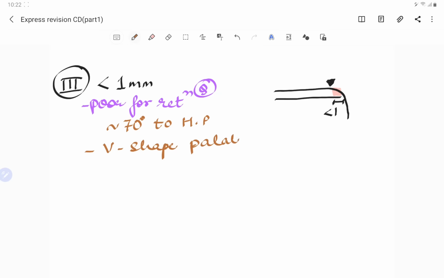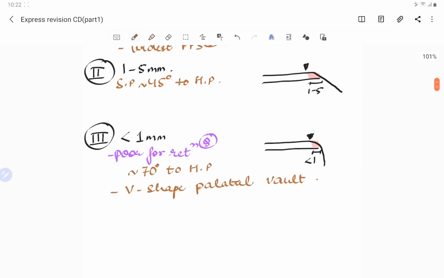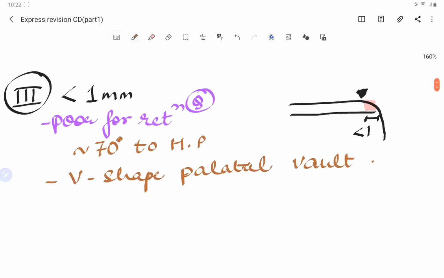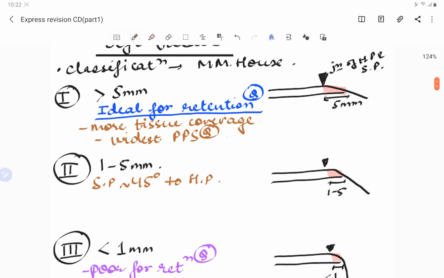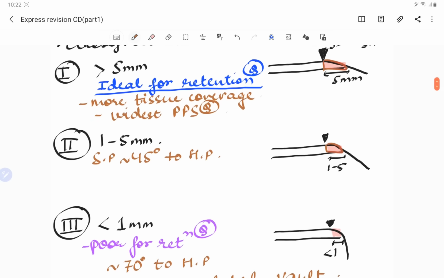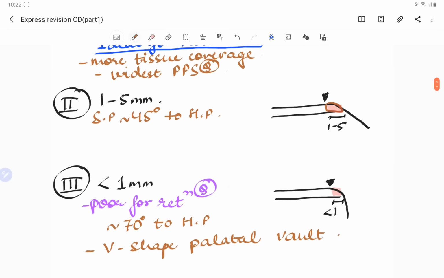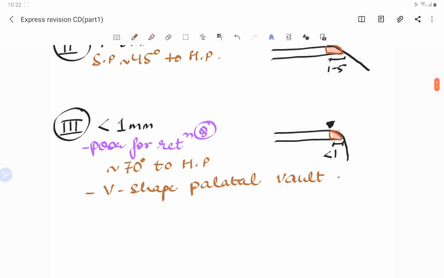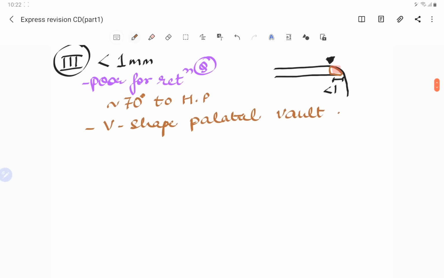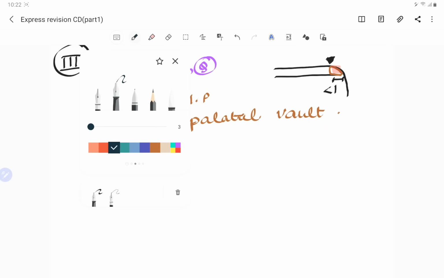Now the amount of tissue available for post damming, which I have highlighted here, is more than 5 millimeter in class 1, 1 to 5 millimeter in class 2, and in class 3 it is less than 1 millimeter.